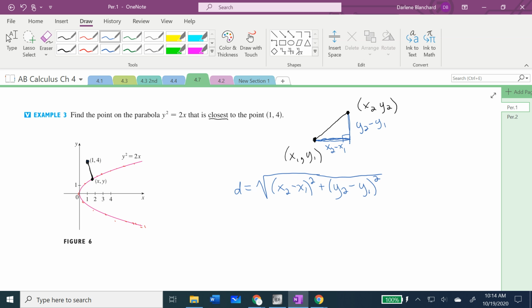I want you to look at it and actually see Pythagorean theorem, see that leg squared plus leg squared. And then think about the fact that your change in x and change in y are perpendicular to each other, so it makes sense that they would be the legs of a right triangle. All right. Now, we have a generic point x, y and a specific point 1, 4.